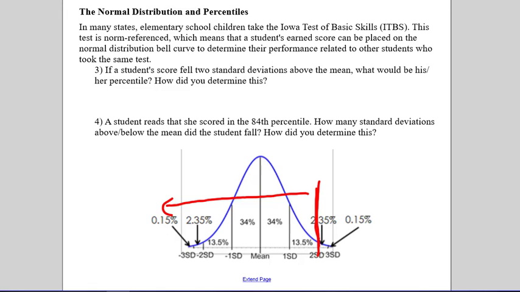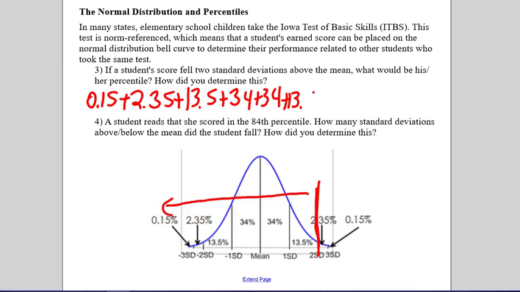So you can take it either way you want. But if we add up all those values to the left, that would be 0.15 plus 2.35 plus 13.5 plus 34 plus 34 plus 13.5. That will take us to the 97.5 percentile.